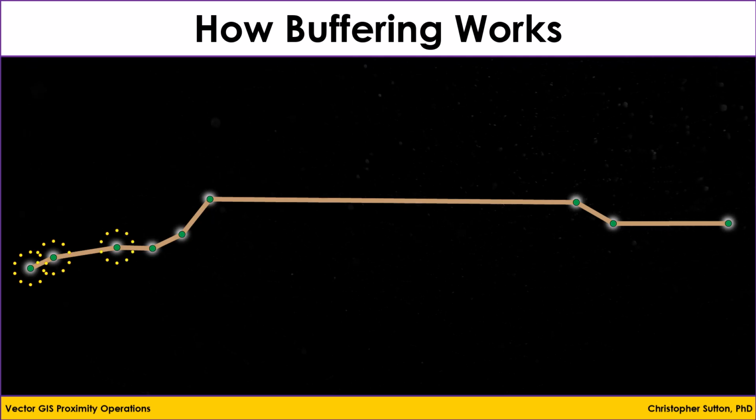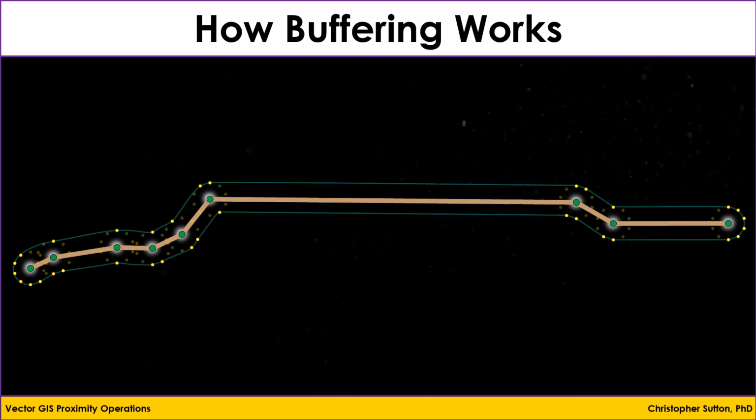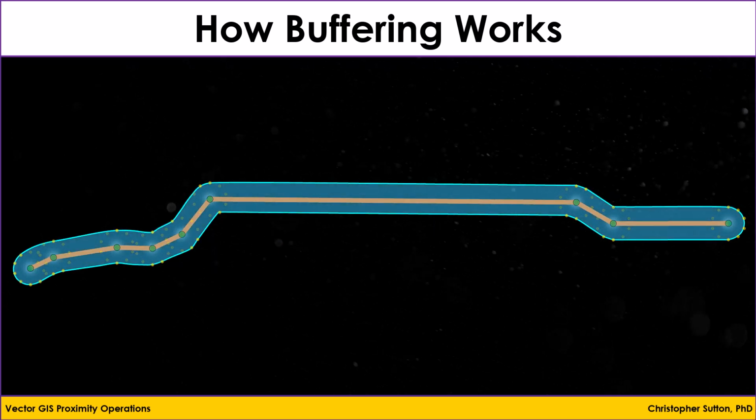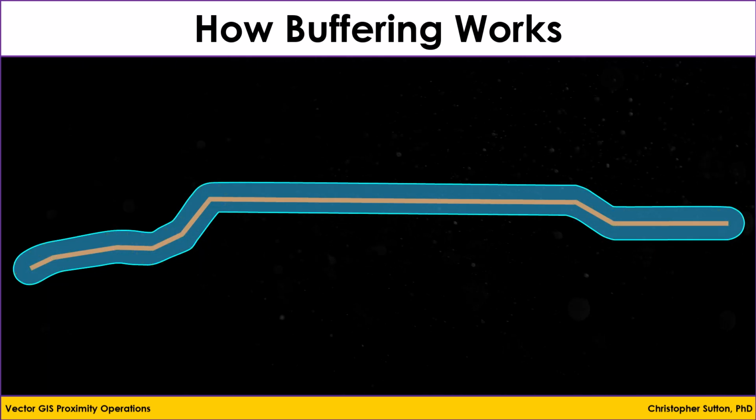Buffer offsets are essentially a circle of points at a uniform distance from the vertex. We use the outermost offsets to create the buffer. If we remove the vertices and offsets from our image, we have the buffer as you might see it created using GIS software. This is an example using one feature.